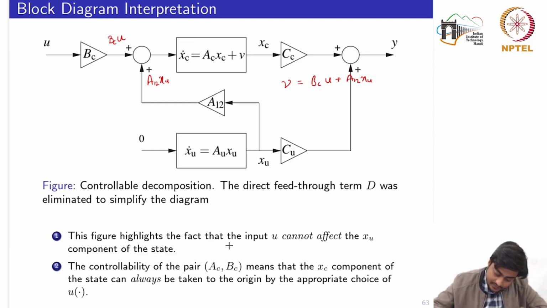This figure highlights the fact that the input u cannot affect the xu, because if you notice, starting from u there is no direction going towards xu through any path, right? The second point is that controllability of the pair Ac, Bc means that the xc component of the state can always be taken to the origin by the appropriate choice of u, which is basically the definition of controllability.